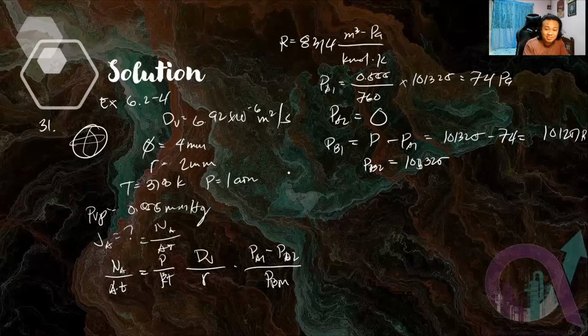Okay, so PBM is actually the average of PB2 and PB1. I'll just get their arithmetic mean. You can get 101,288 pascals. So far, DV is checked.